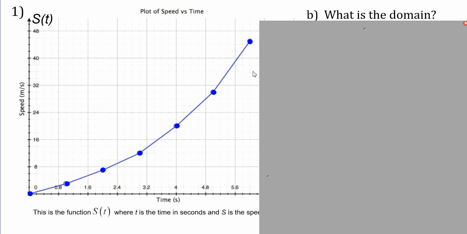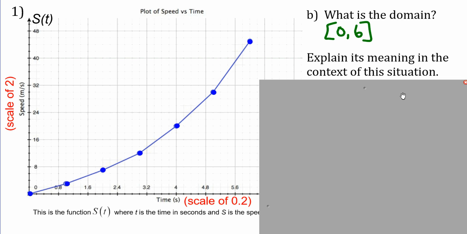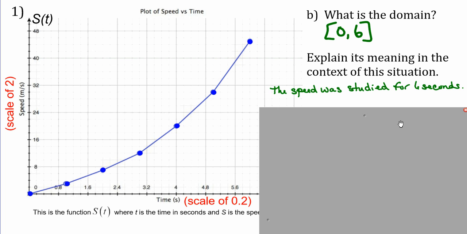This is where the input stops, and we want to figure out where that is on our graph. Again, it goes back to scale. We said our scale for the inputs was 0.2, so this would be 5.8, 6.0. So our domain is from 0 to 6 continuously. We would write a bracket, 0, 6, bracket. What does it mean in context? The speed was studied for 6 seconds.